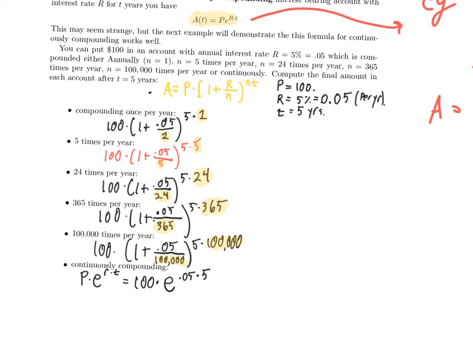So in that case, there is no n anymore, because n is infinite. When we compound continuously, we have the principal times e to the RT, that's 100 times e to the 0.05 times 5. And now I'm going to pause again and do the actual computation. I won't do it in frame because that's much too slow. I'll use the fact that I have a laptop.